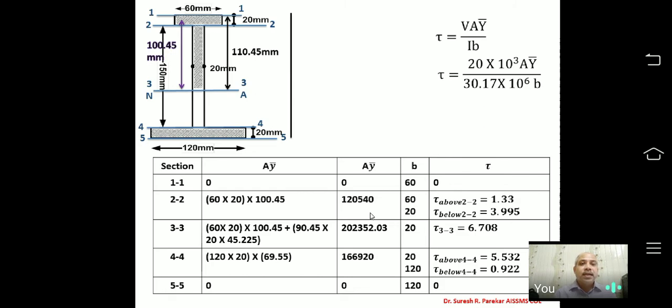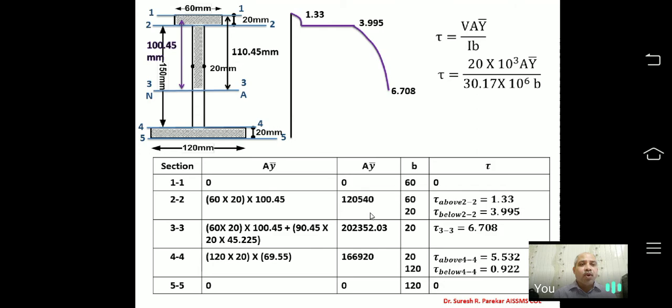Now plot it. So we have 0 at top, 0 at bottom, 1 1 and 2 2. Now at 2 2 we have 2 values. First value I have 1.3833 Newton per mm square. At the same 2 2 we have another value which is 3.995 Newton per mm square. Now I have maximum value at neutral axis which is 6.708 Newton per mm square.